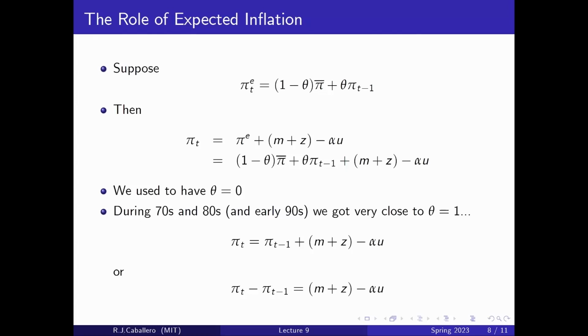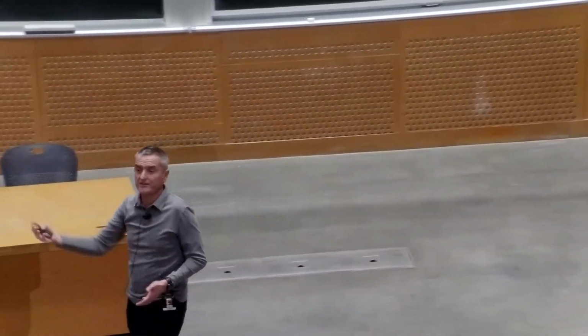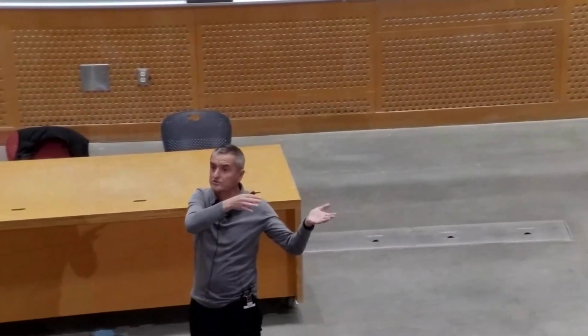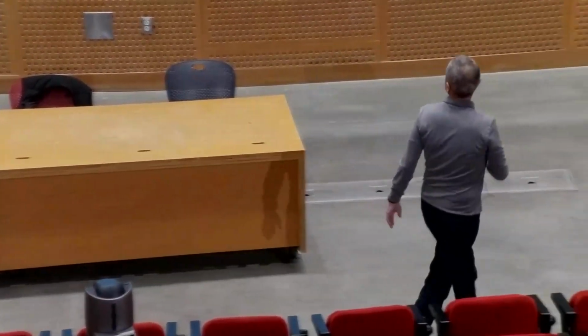And we said, look, during the 70s, essentially that theta was equal to 1. So expected inflation was really whatever inflation was last year; people expected that level of inflation to stay the next year, rather than going back to the constant, the inflation target or historical constant pi.